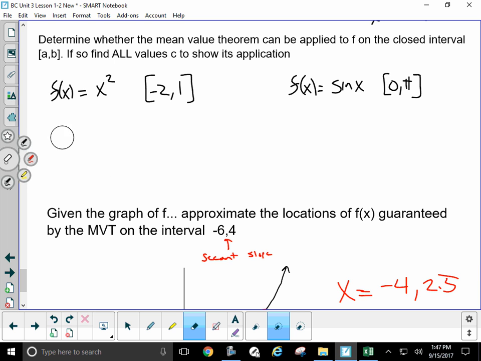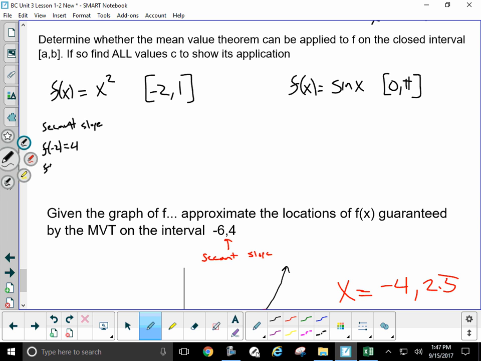So first I find my secant slope. I get 4 and 1 as my y-coordinates. So 4 minus 1 over -2 minus 1 gives me 3 over -3, which is -1.